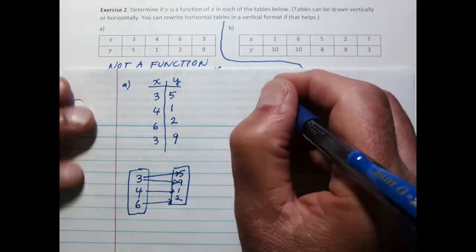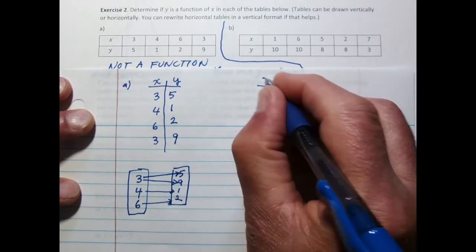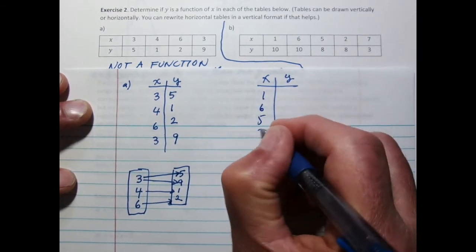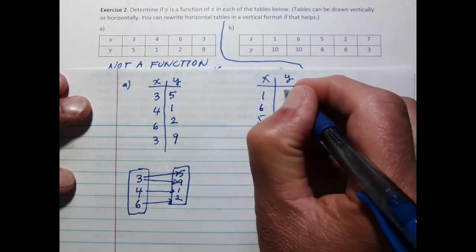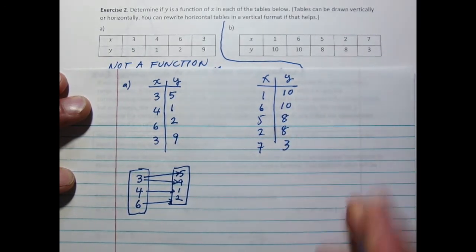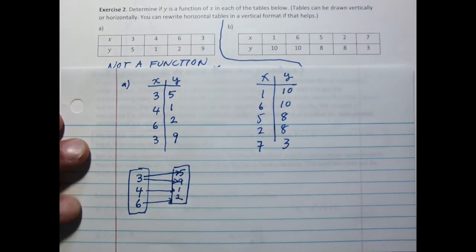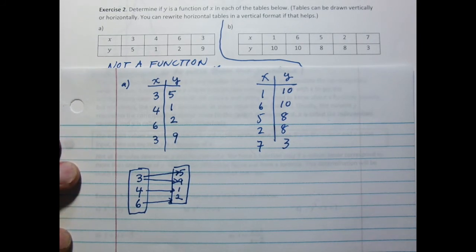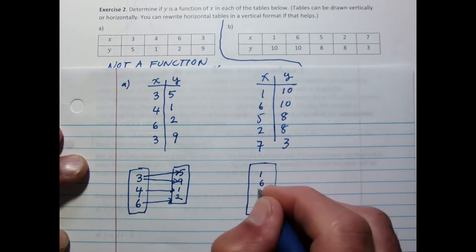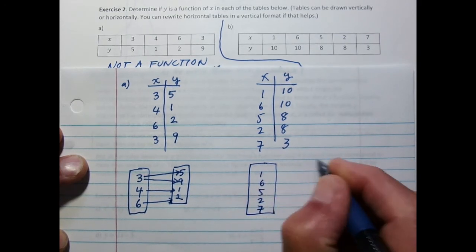Now example B, again, we could write as a table: 1, 6, 5, 2, 7, 10, 10, 8, 8, 3. If it's easier to think of the table that way, you can write it vertically. Let's draw an arrow diagram here. I have 1, 6, 5, 2, 7.